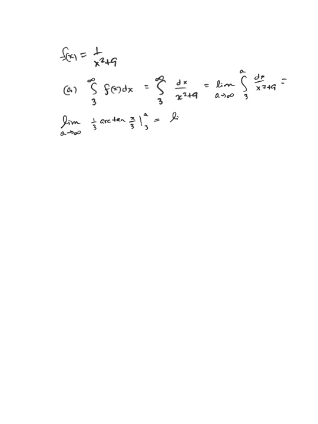So that gives me the limit as a goes to infinity of 1/3 arctan a over 3 minus 1/3 arctan 1. Well, arctan of 1, you ask yourself, between negative pi over 2 and pi over 2, where does tangent take on the value of 1?